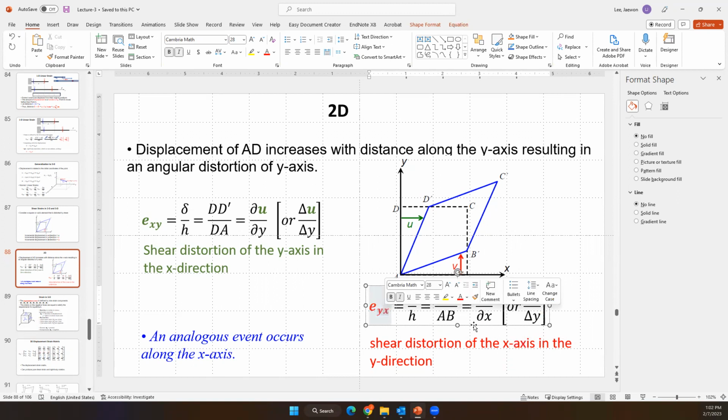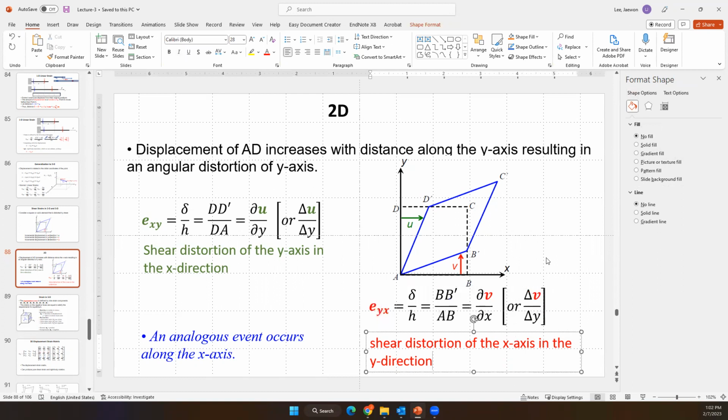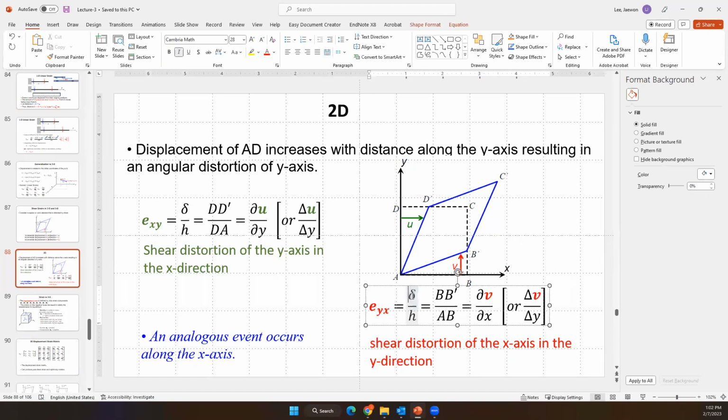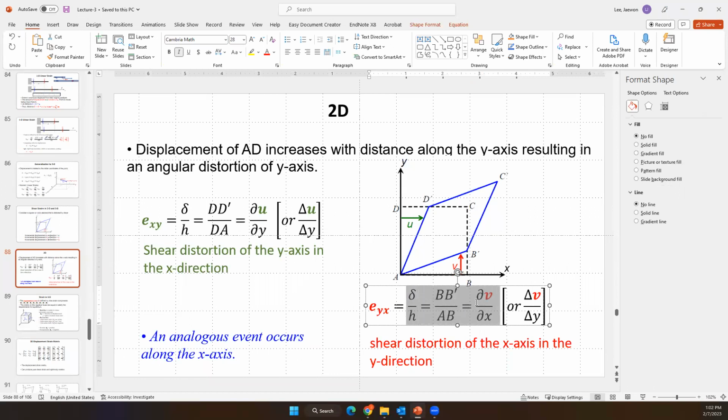Oh, no. Yeah, it is correct. If we apply the y direction force, at the time we just focus on the y direction distortions. So it is described as delta v over delta y.